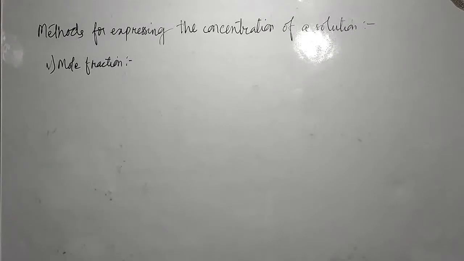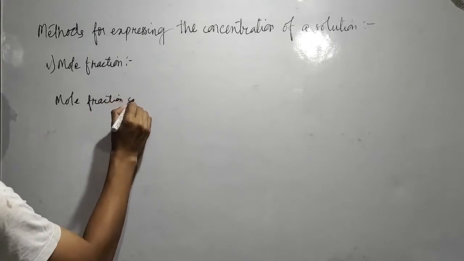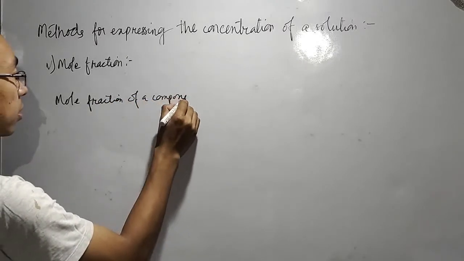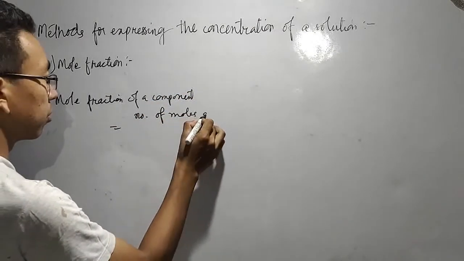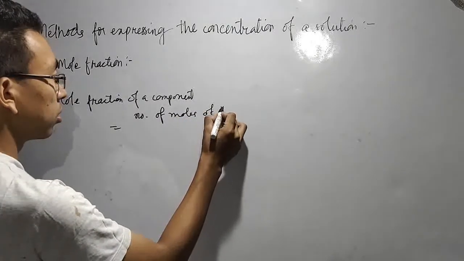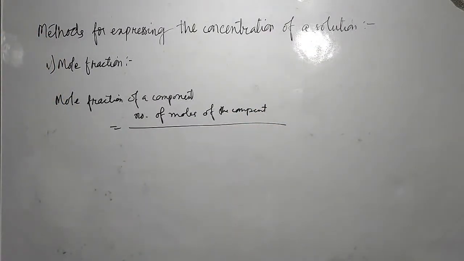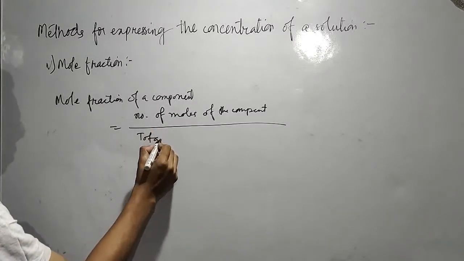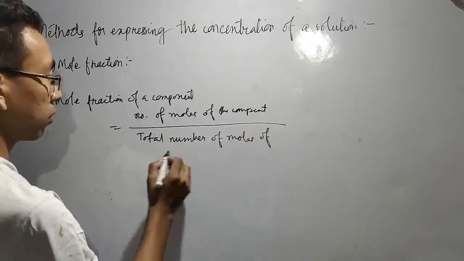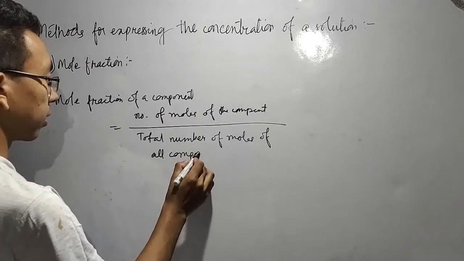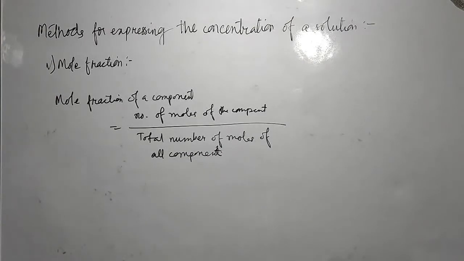Suppose we are asked to find the mole fraction of a component, then it will be equal to the number of moles of the component divided by the total number of moles of all components. So that is how we find the mole fraction of a component.